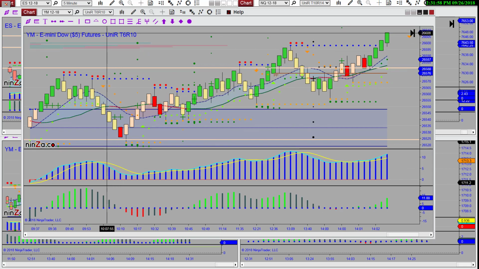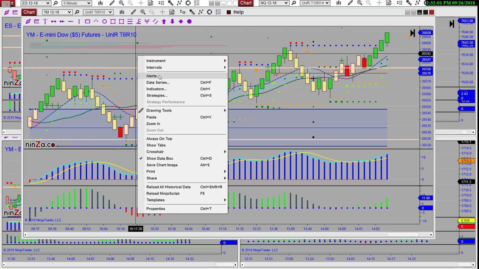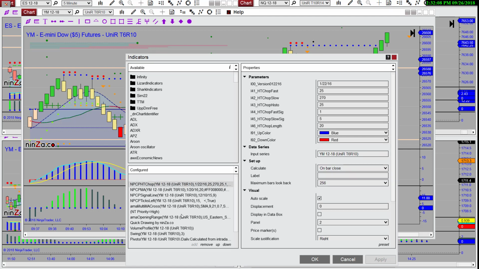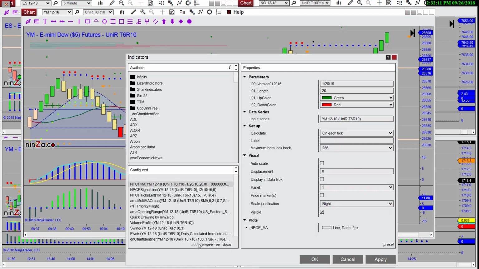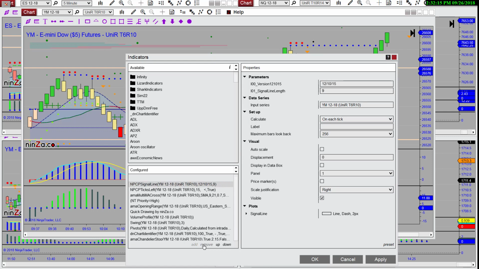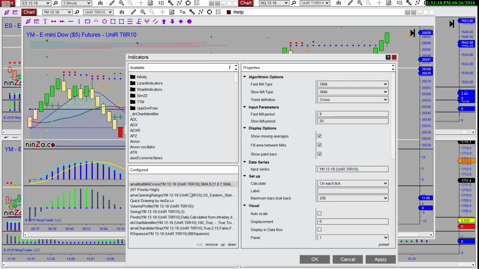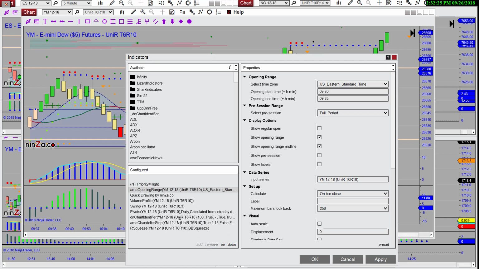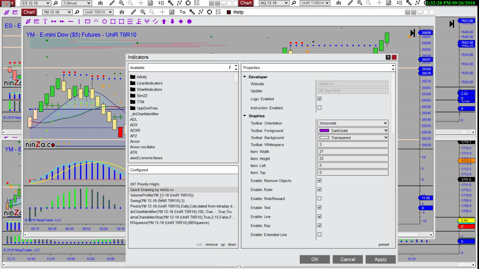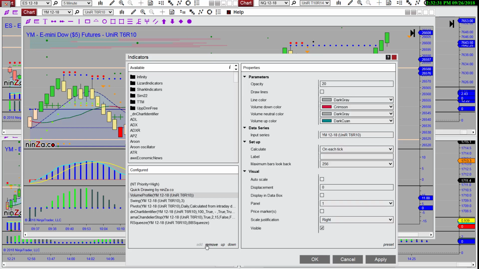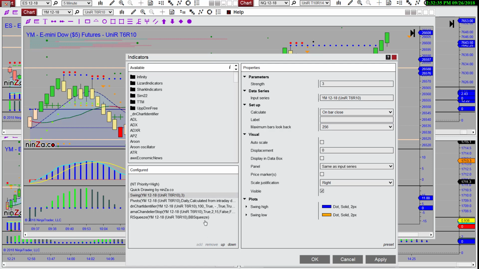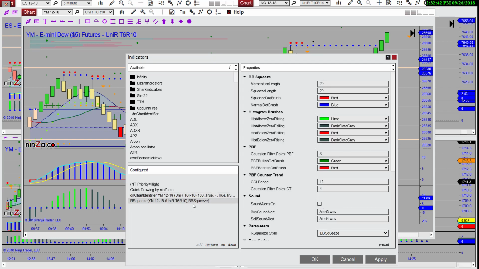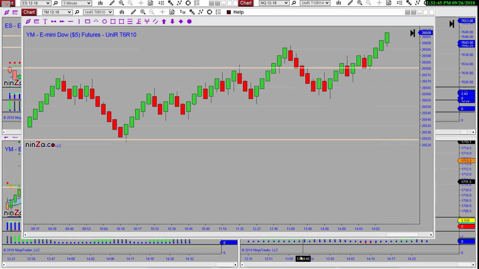And what I want to do is go to indicators. Removing all of these swing and pivots. All right.